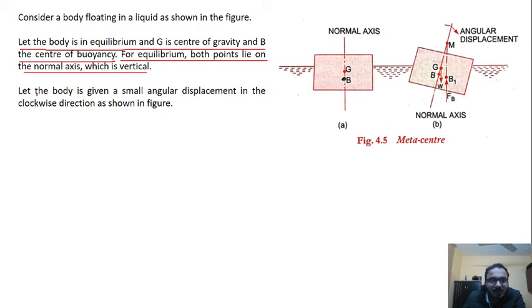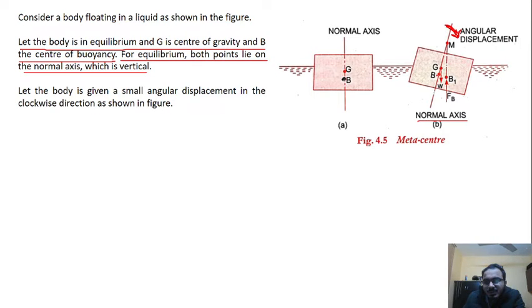Now let the body be given a small angular displacement in the clockwise direction. So this is the direction in which we are giving the angular displacement. Here you need to see that now the normal axis is not a vertical one, now it is an inclined one for this body, as you can see.